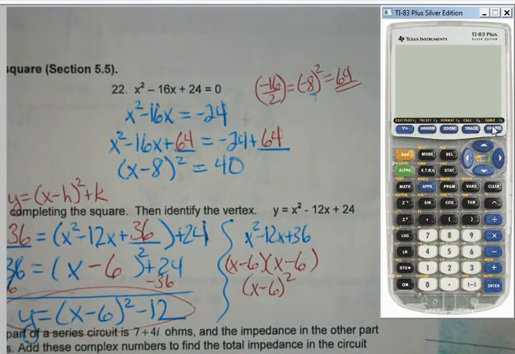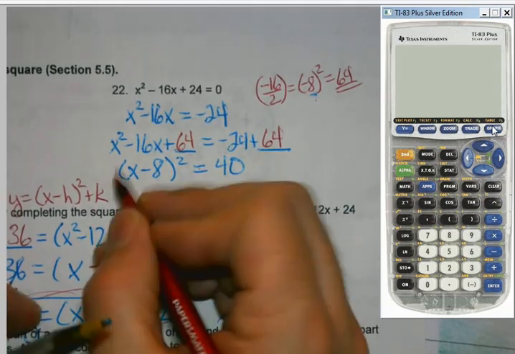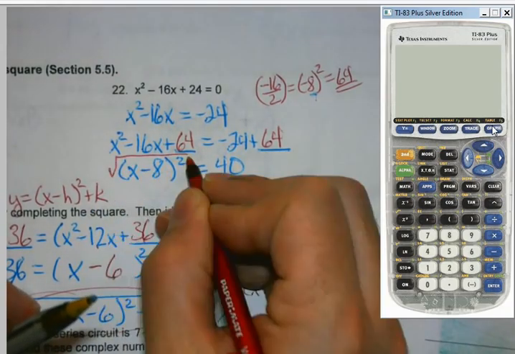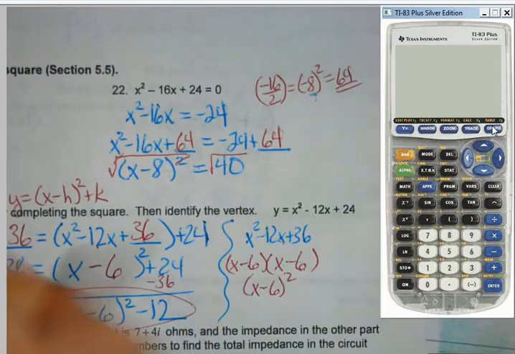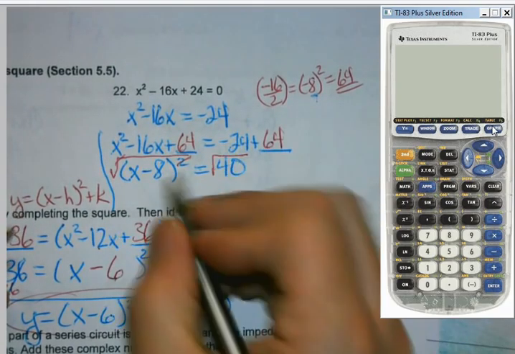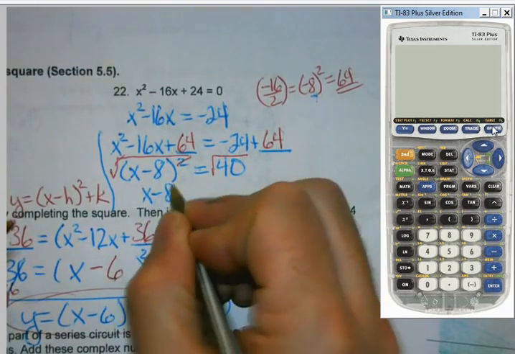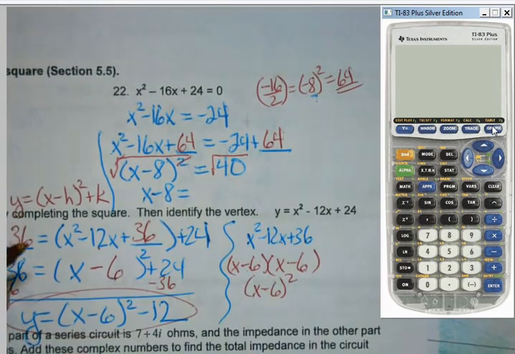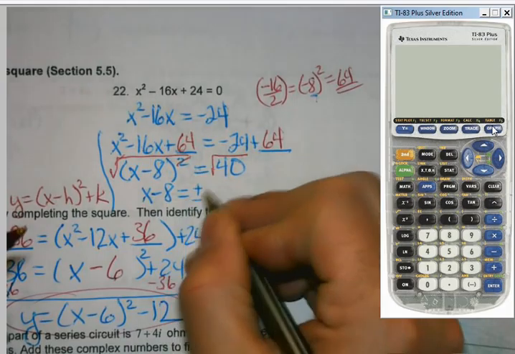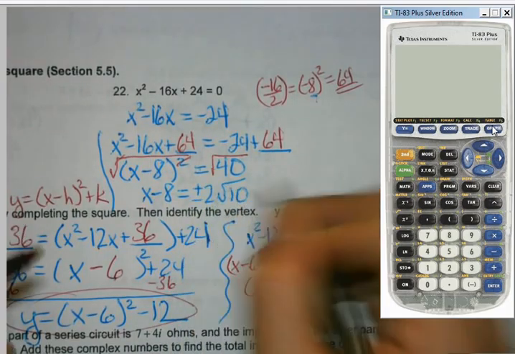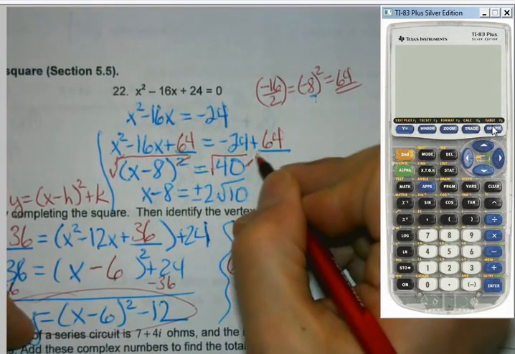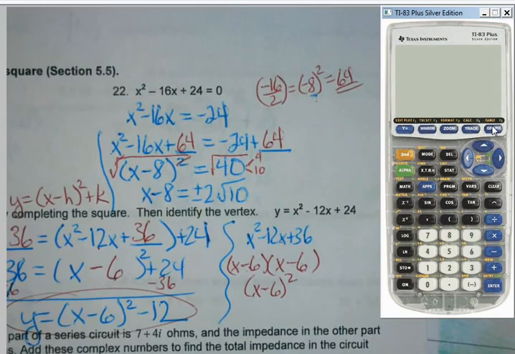We're not done yet. What do I have to do now? Square root, because I have to get those parentheses out of there. So x minus 8. And I break down the 40: 4 and 10. So that ends up being 2 square root of 10. Again, the 4 breaks down, the 10 doesn't.